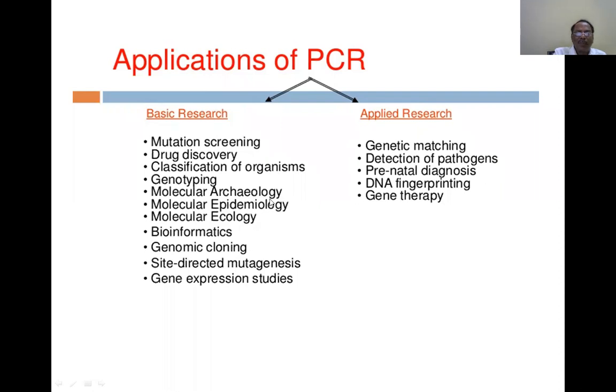And molecular epidemiology: to identify a virus here in India, a virus in the US, and a virus in South America or Russia, and whether all of them have the same primary conformations, or from which place to which place the virus would have migrated. For this, molecular epidemiology uses the PCR technique.